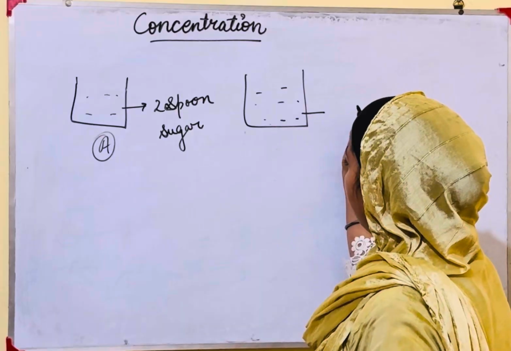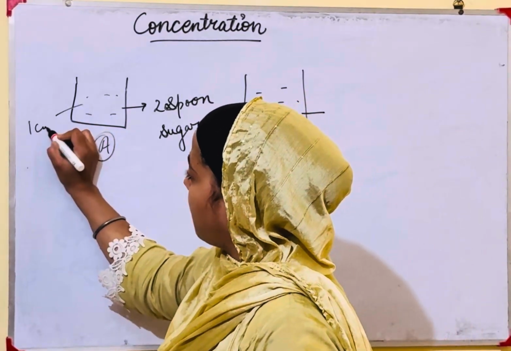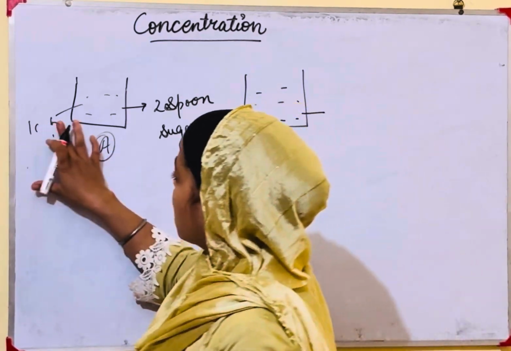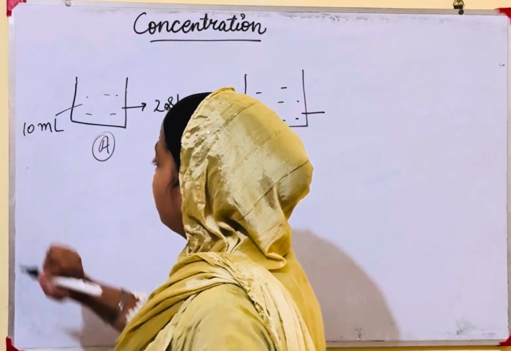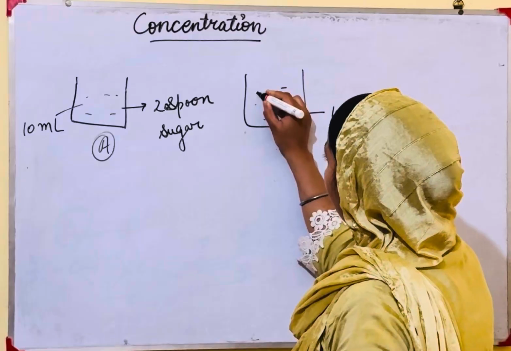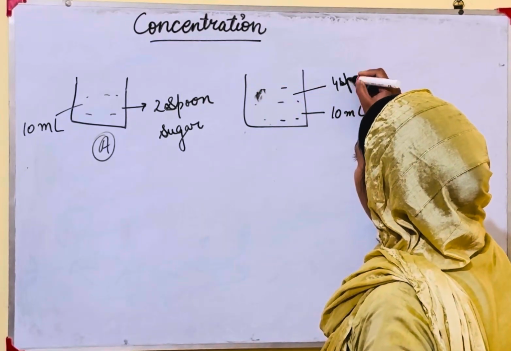In this beaker, instead of 1 cup, you can write 10 ml. Here it is again 10 ml and here 4 spoons of sugar is added.